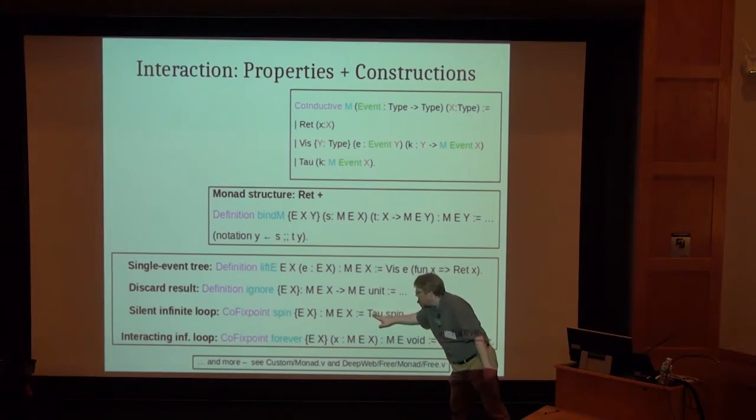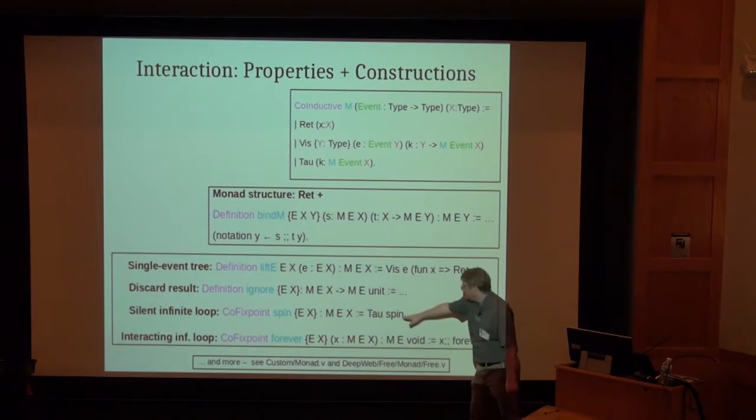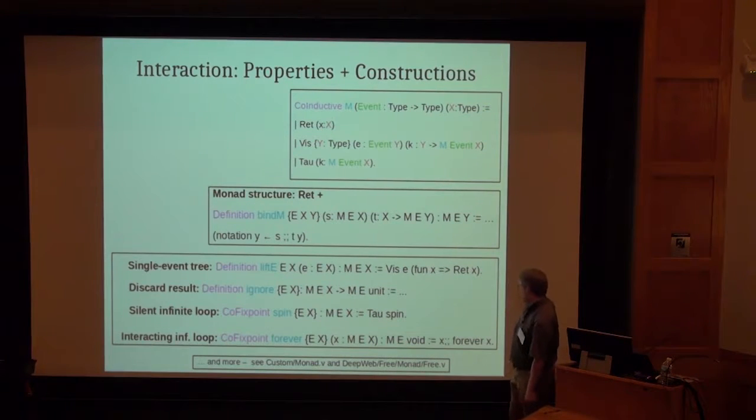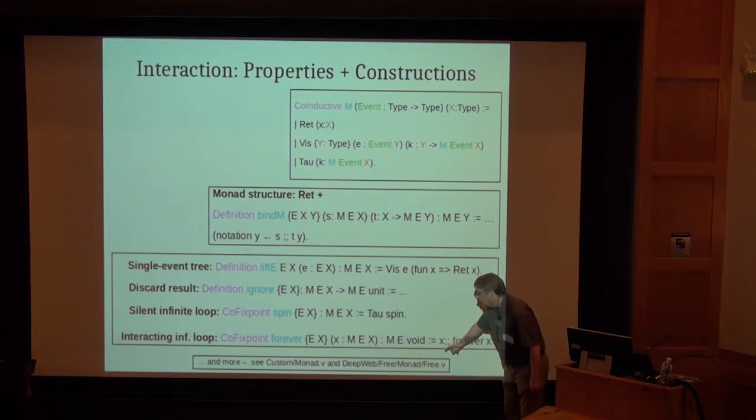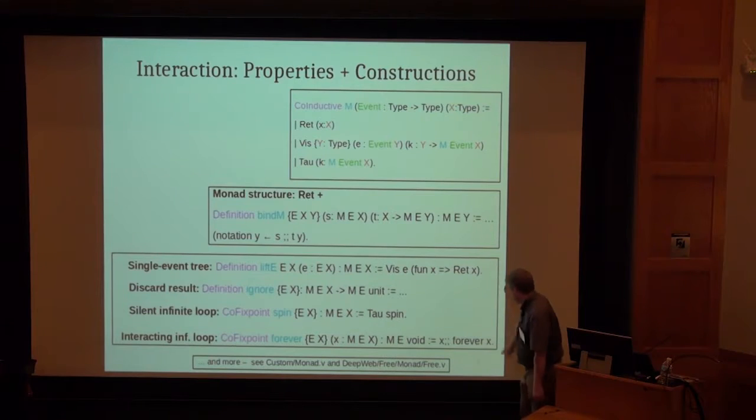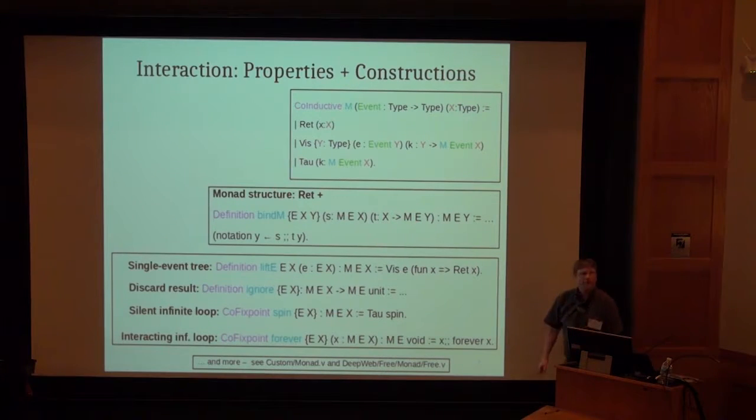We can define infinite computations that silently diverge, or other infinite computations that carry out an arbitrary event x and then loop forever. You saw them all on Wednesday, I believe, or if you go back to this slide, you will find them there.